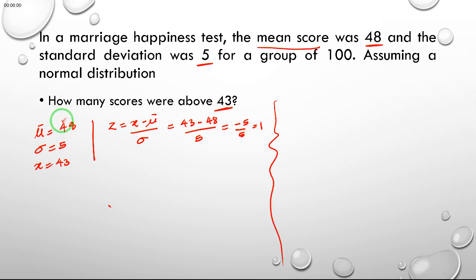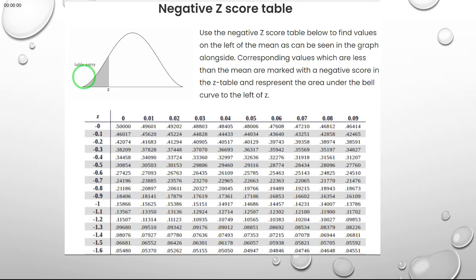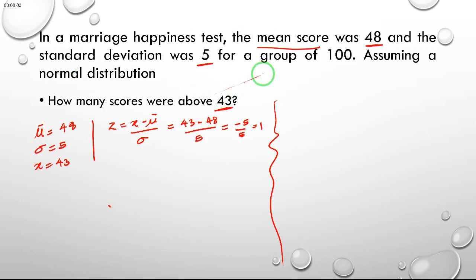From that point, we use the standard table for the normal distribution that defines positive z-scores and negative z-scores. For us, the z-score is -1, which is -5 over 5. We want to find the probability given that the z-score is -1.